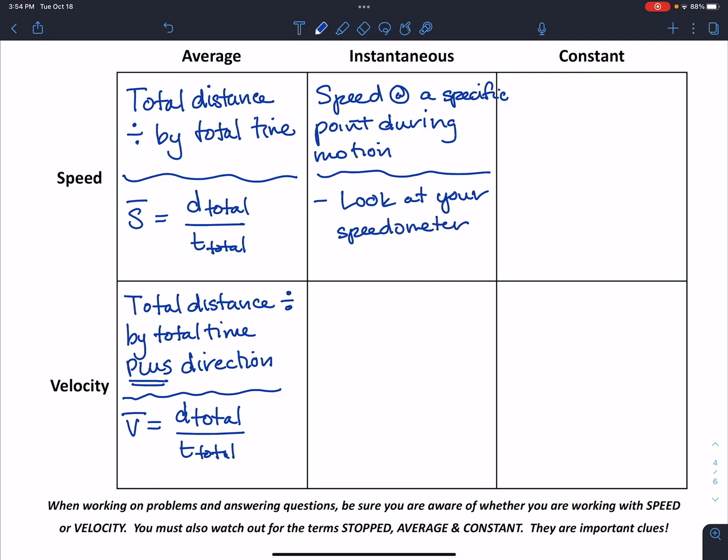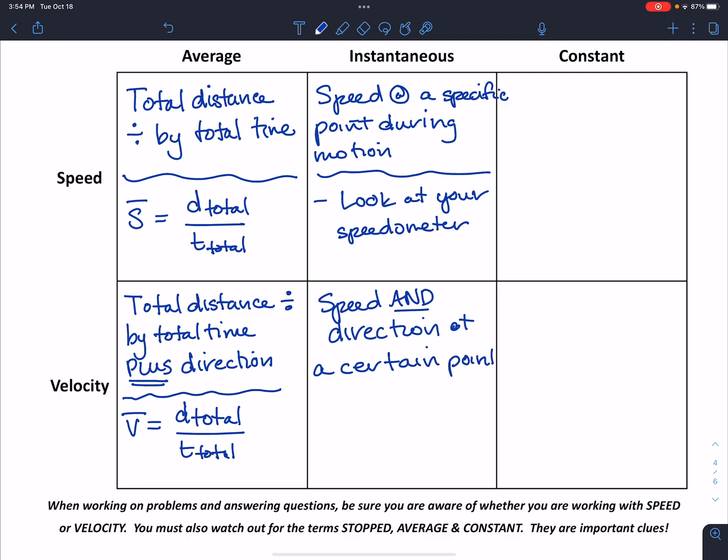Nowadays the speedometers are digital, so it should be pretty easy. If you look at your speedometer, that will tell you your instantaneous speed. Instantaneous velocity is the speed and direction at a certain point during your trip.